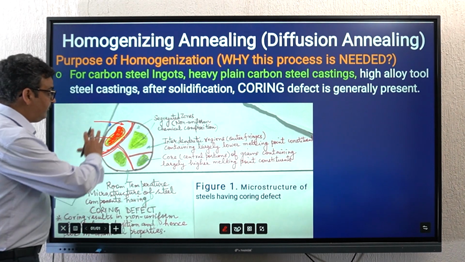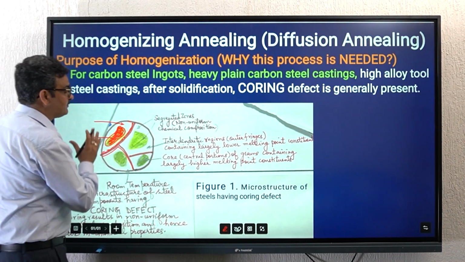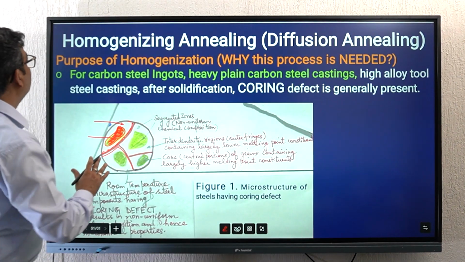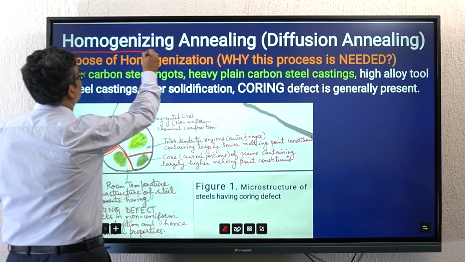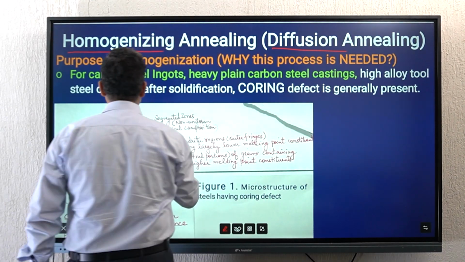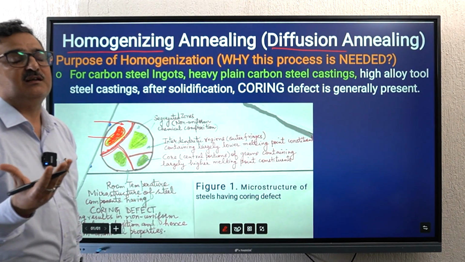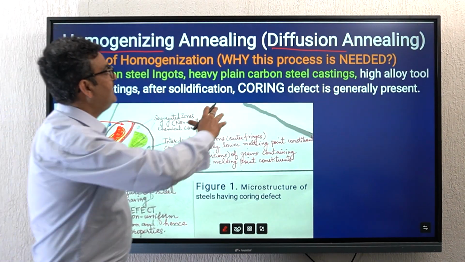You need to rectify or improve this microstructure, refine this microstructure, and this is done through homogenizing annealing, or what is called diffusion annealing. Homogenizing, because we will try to homogenize the microstructure which has become heterogeneous in terms of chemical composition. And why diffusion annealing?